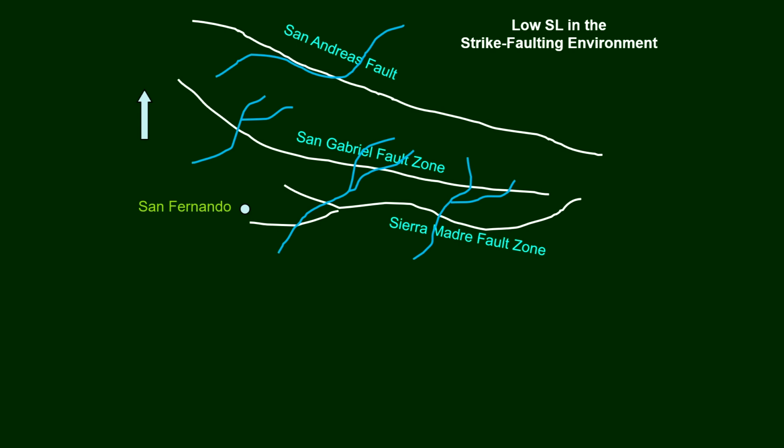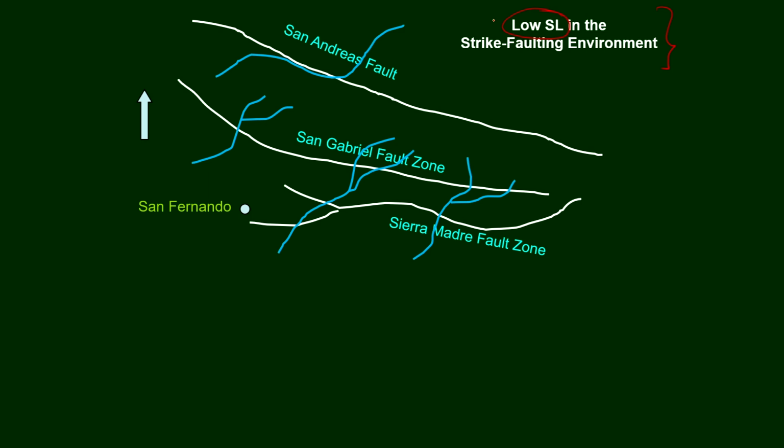But this region I am talking about, close to San Fernando, is an active region. This area has experienced earthquakes, and it is one of the most active regions, the San Andreas fault system. So, why is the SL index low here?